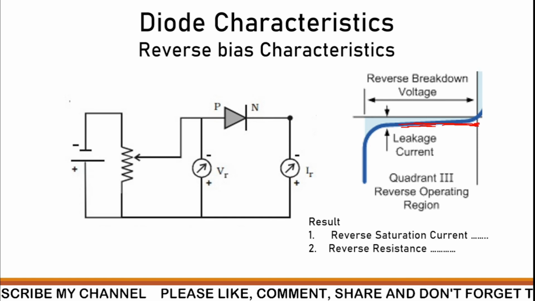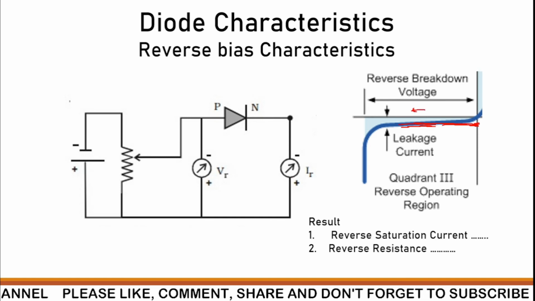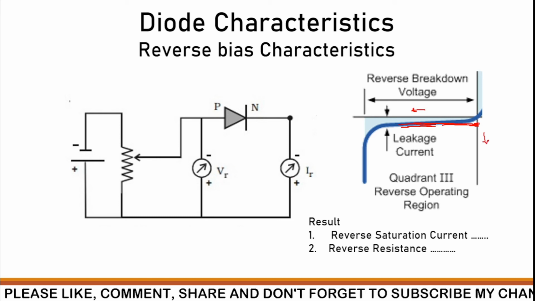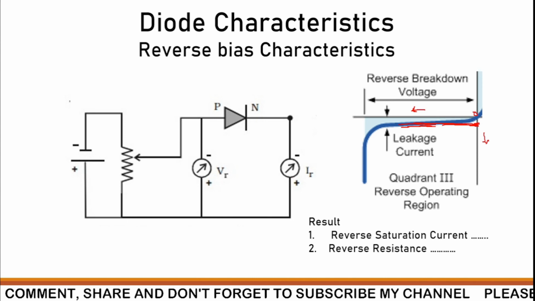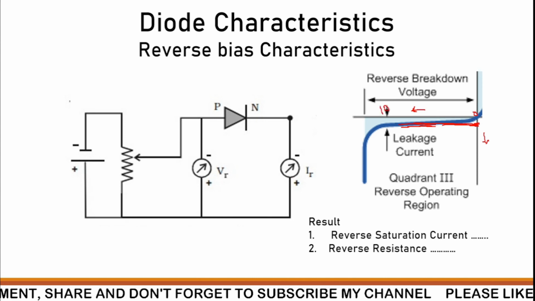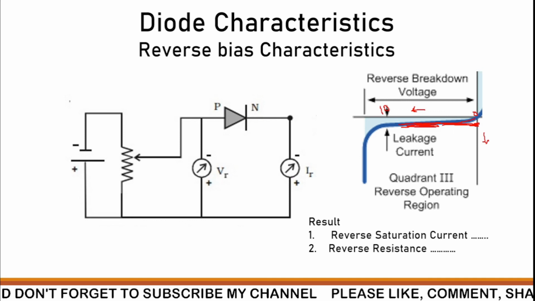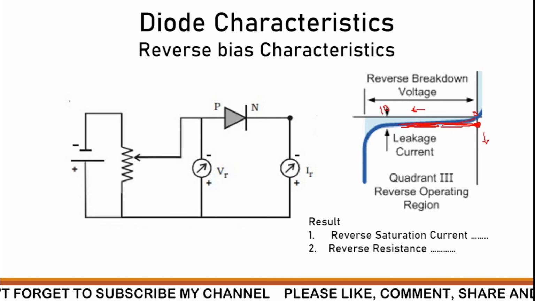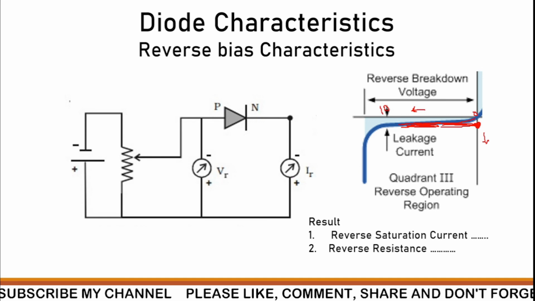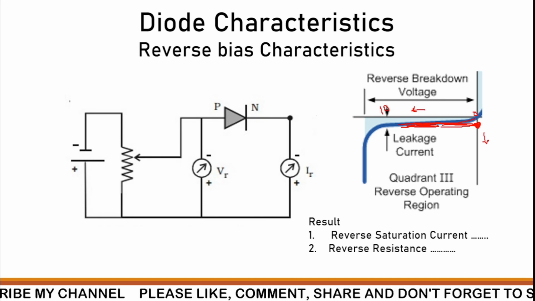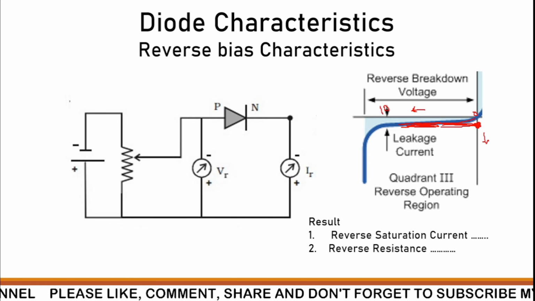You can see the voltage is on the x-axis and the current is on the y-axis. From 0 towards 10 volt we get a graph with a very small change. If I draw a line back, the point where it intersects the y-axis is called the reverse saturation current.